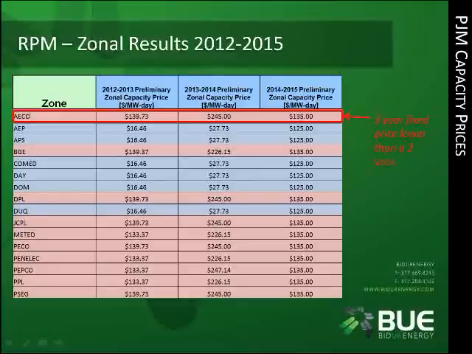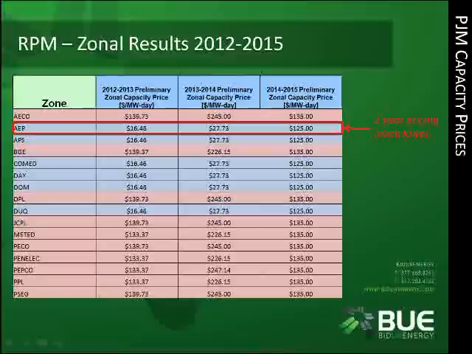So in contrast, I have these blue zones, some of the western PJM zones. And the third year for capacity on these ones is off the charts compared to the previous two. Look, you can see $16, $27, and then $125. So what do we do in these ones?